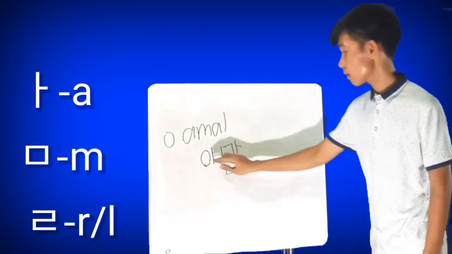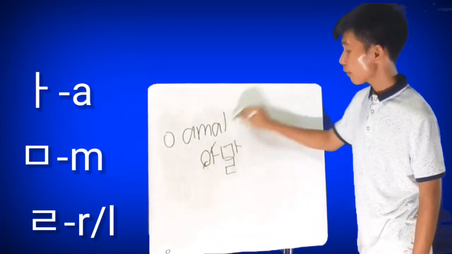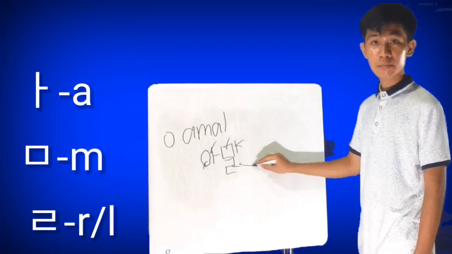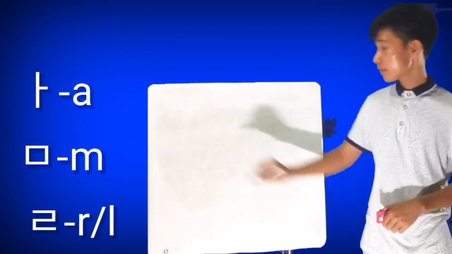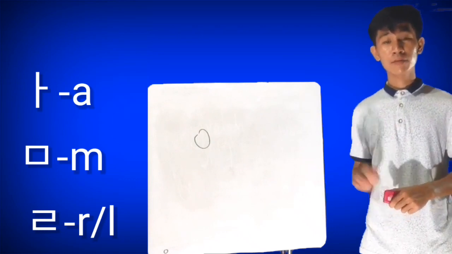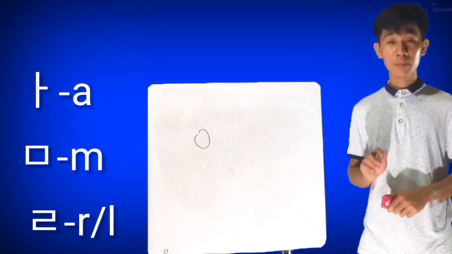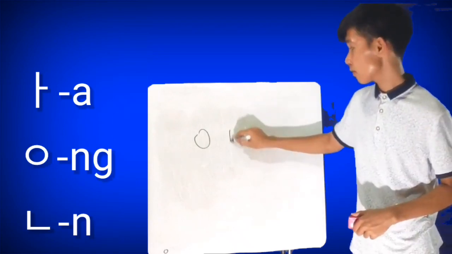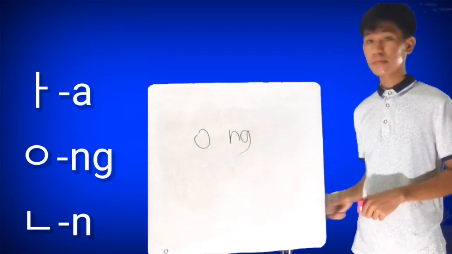So it is consonant, vowel, consonant, vowel, consonant, which is pachim. But if this consonant is placed at the third position or the final position, or what we call pachim, this consonant will be an ing sound or ng sound.